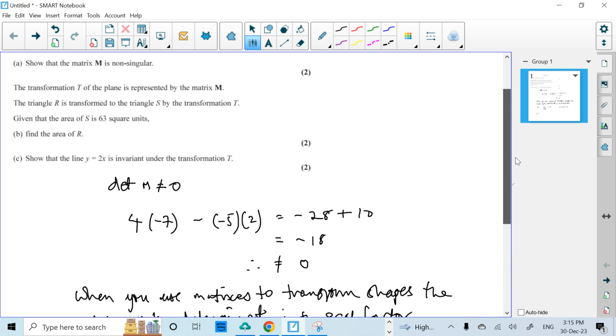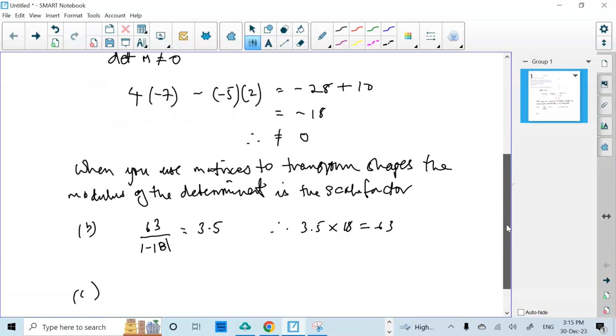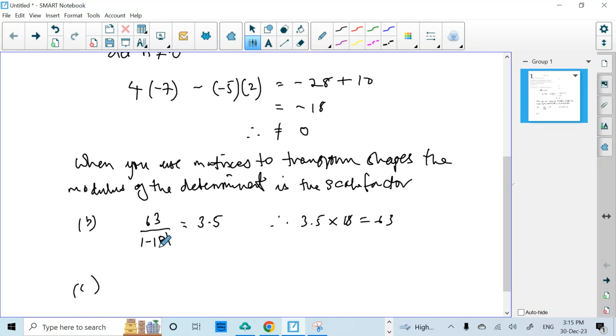Part C: show that the line y equals 2x is invariant under the transformation T. Well, we need to go to our vectors.